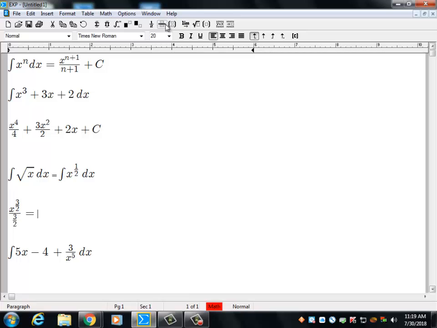Which is equal to 2/3 x to the 3/2. So when you divide by a fraction, you multiply by the reciprocal. That's just something important to know.